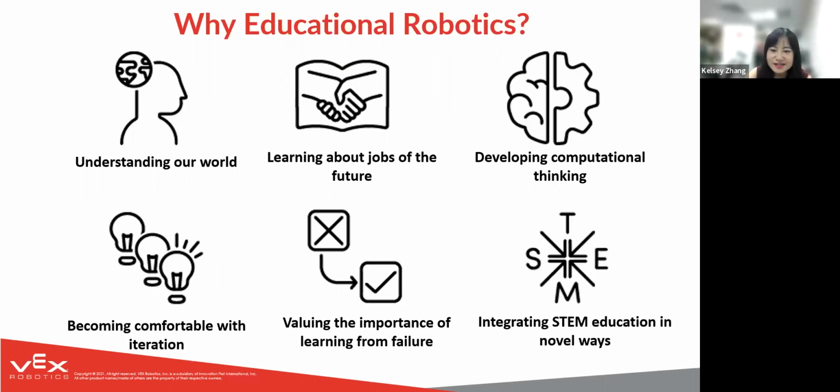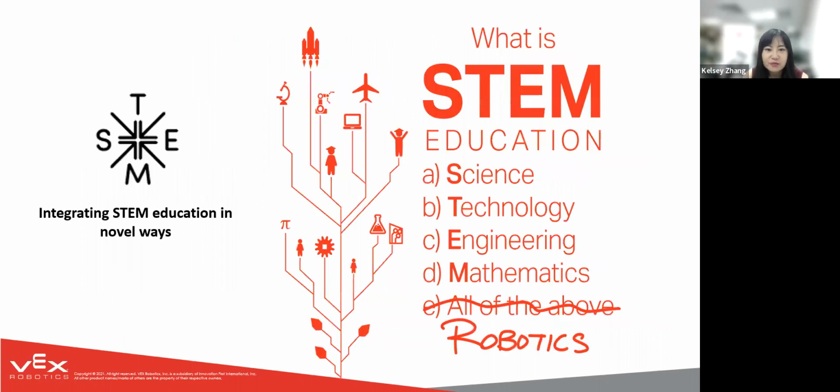Last but not least, education robotics can teach integrated STEM education in novel ways. Education robotics is actually the best organizer for integrated STEM teaching and learning, according to research. What is the goal of STEM? The goal of STEM is to learn the knowledge of each discipline of STEM, science, technology, engineering, mathematics, and then to identify connections and patterns across all four disciplines.